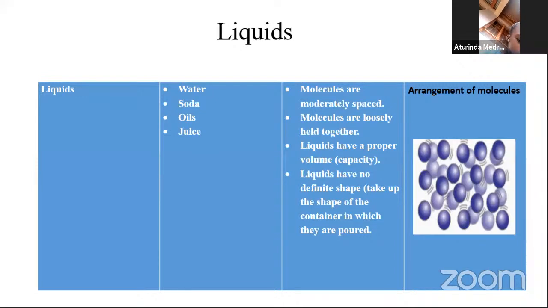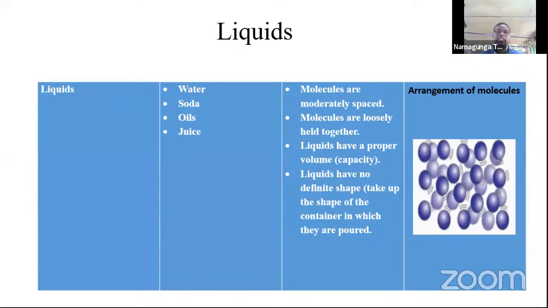Liquids have no definite shape. Take it up, the shape of the container in which they are poured. Read it again. Liquids have a proper volume or capacity. Liquids have no definite shape. They take up the shape of the container in which they are poured.